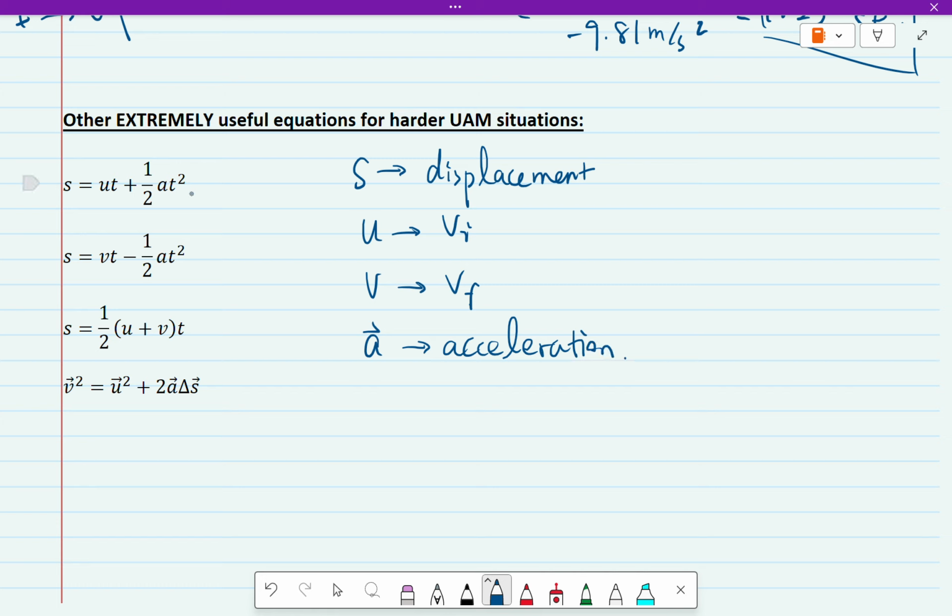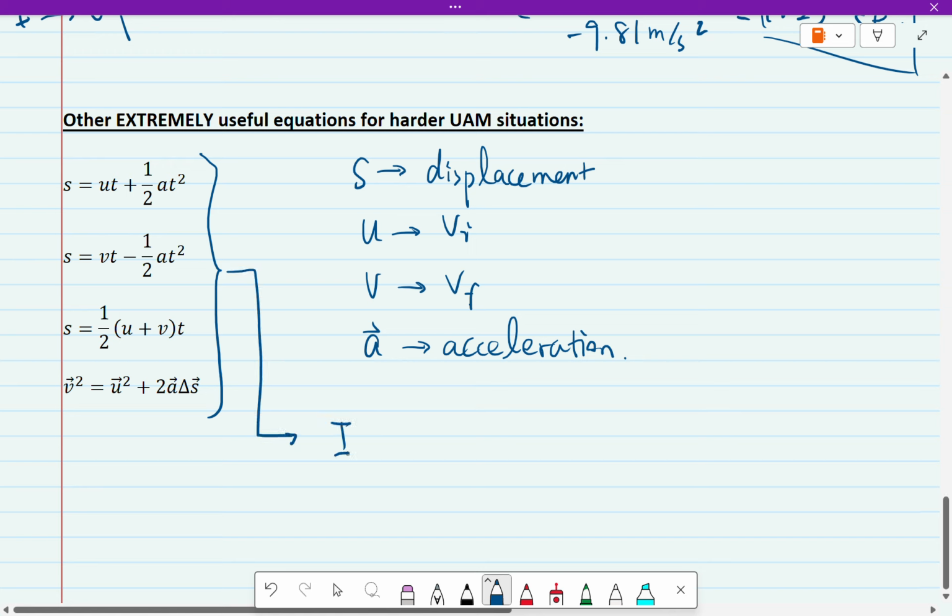And this kind of system of variables would be specifically used for the International Baccalaureate physics program, IB physics. They like to use these variables to denote displacement, initial velocity, and final velocity. Instead of D, VI, and VF, they use S, U, and V.